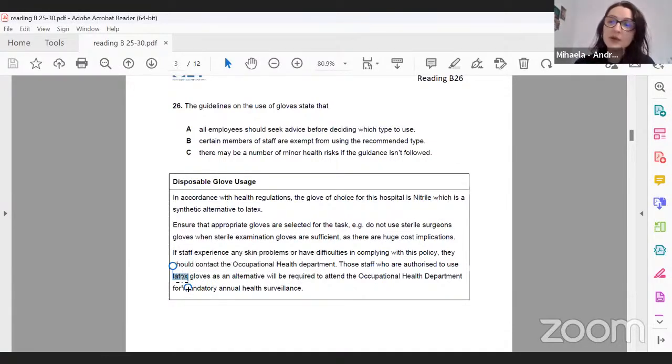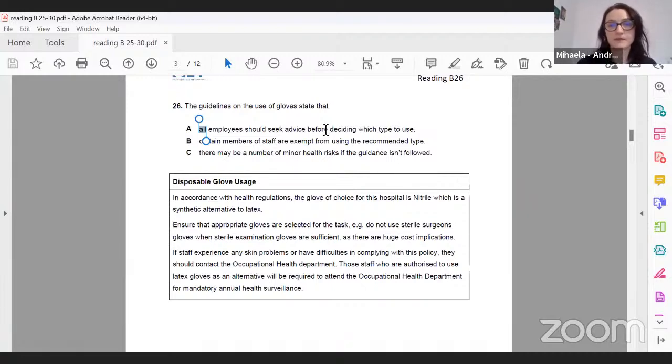Also, do you remember that we sometimes talk about these types of words? All, only, just, over, under, almost. You have to be really suspicious when you see an option with these words, because they can change the meaning of your sentence. So if you do not find it in the text, it's not true, so you cannot choose it.